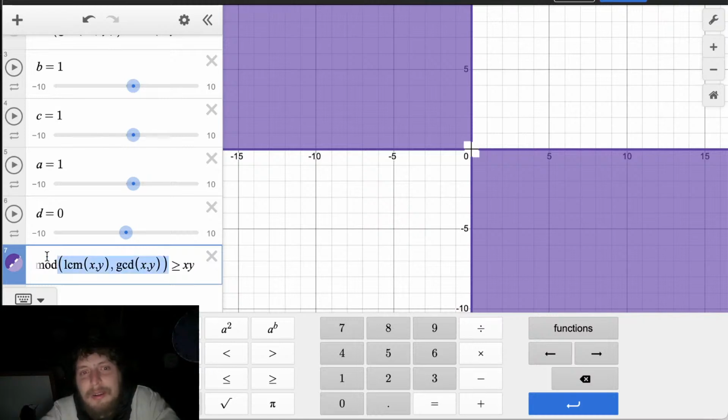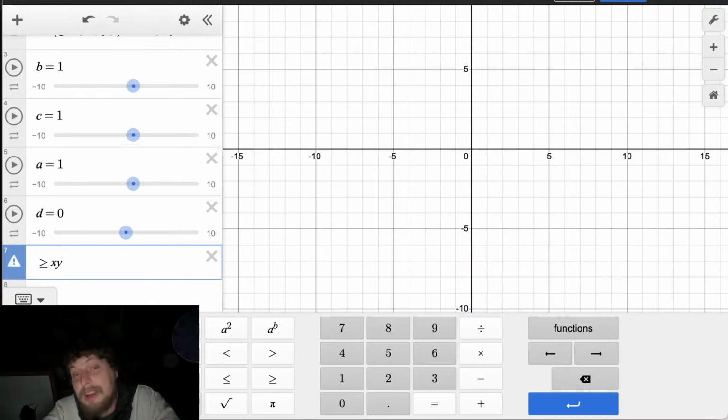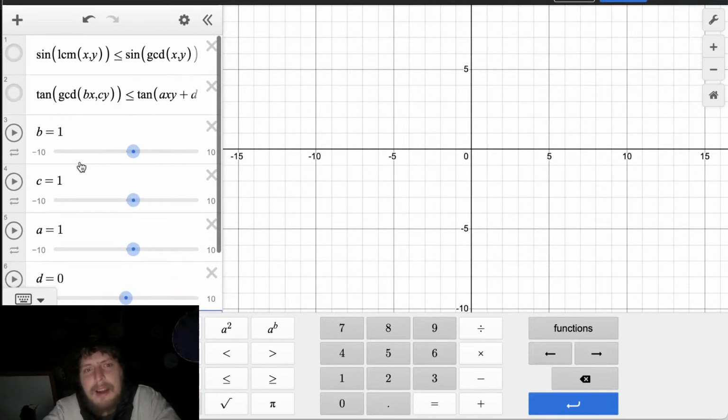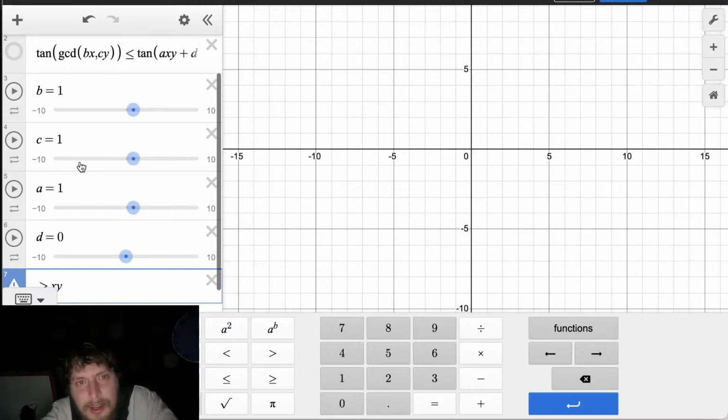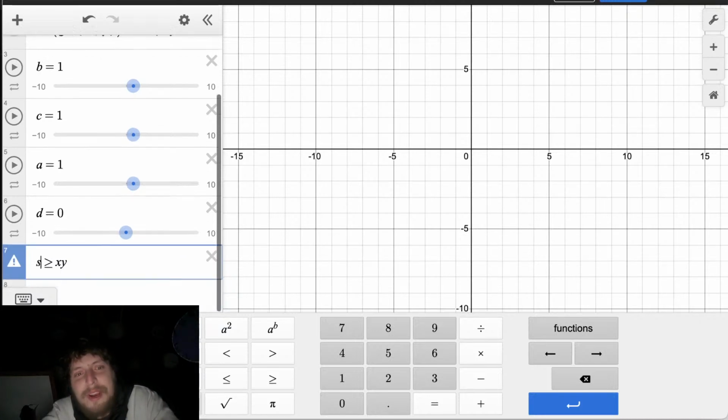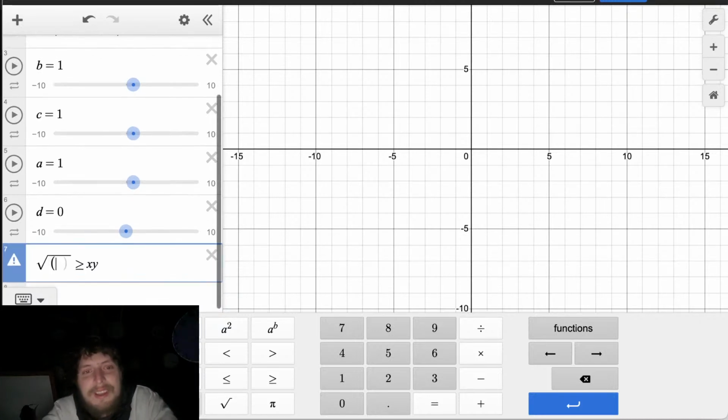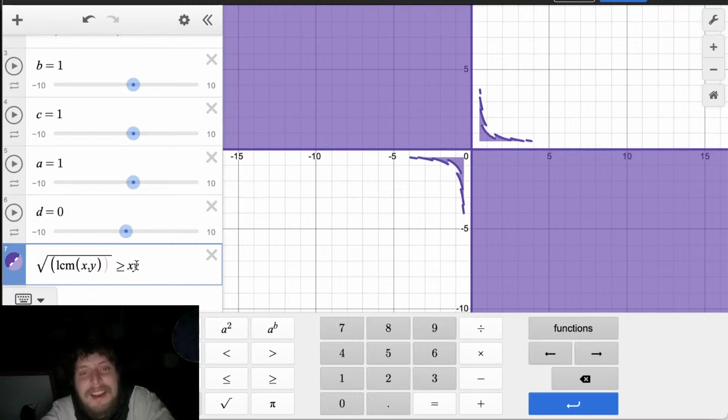So now we're going to take away the mod and the factorial for a minute, but we're going to try including more different varieties of the trig functions. And what about square roots or something like that? We haven't tried any of those yet. So what if we try, without any trig functions first, the square root of the least common multiple of x and y is less than or equal to... already this one's kind of cool.